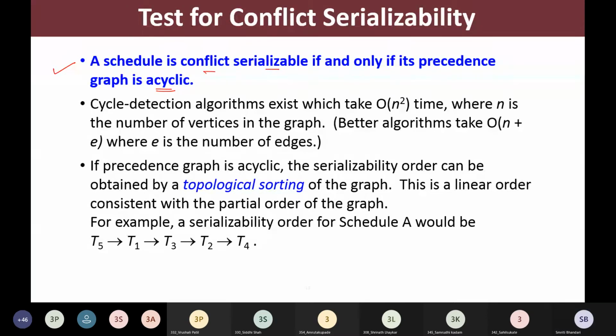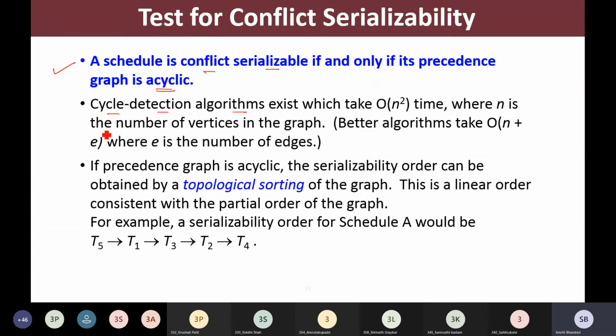So if we have the schedule ready with us, and if we would like to test for serializability, and specifically conflict serializability, then we need to make use of some cycle detection algorithms, right? These cycle detection algorithms can find out whether there is any cycle in the graph.